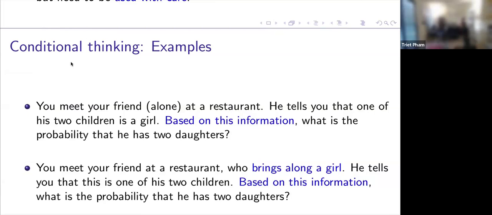Are they the same answers? Are they the same probability? Come up with the answers for both of these questions. Do you think they are the same answers, or do you expect them to be the same?